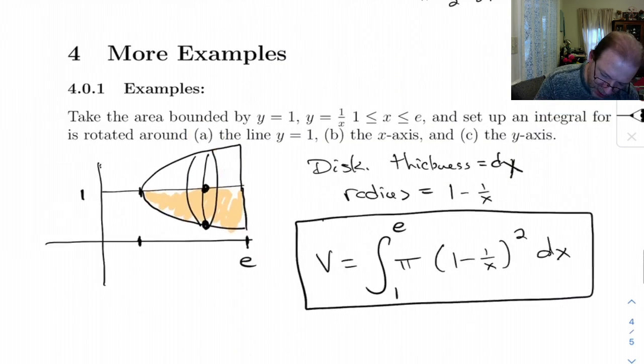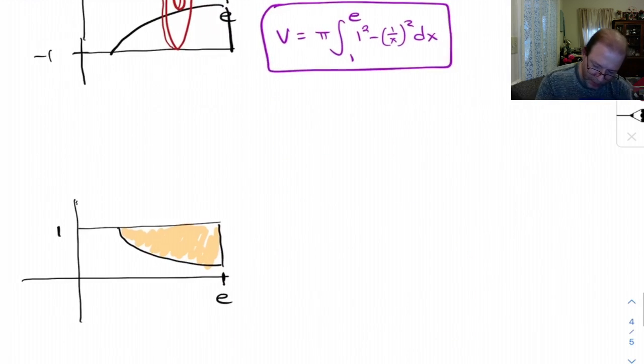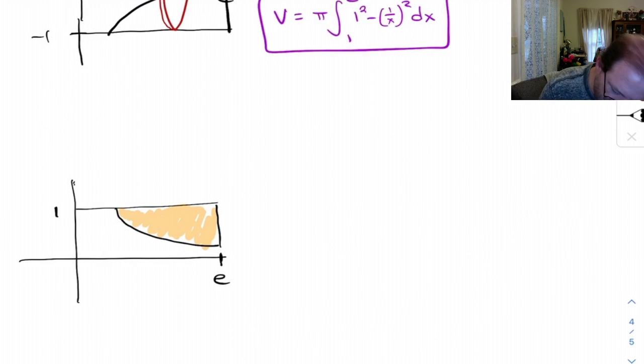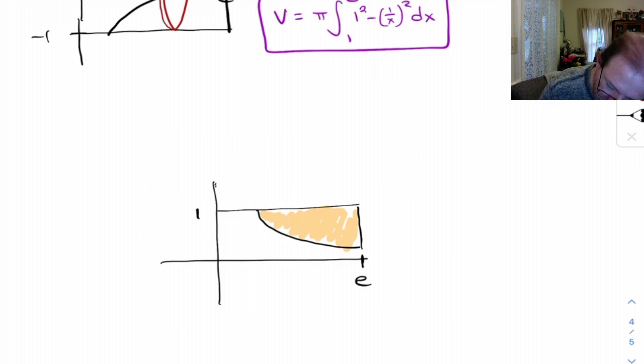Now the last one said to do it from rotating around the y-axis. Okay, so if we take this and rotate it around the y-axis, then we've got, let's see, here's the y-axis. We've got to come over here the same amount.